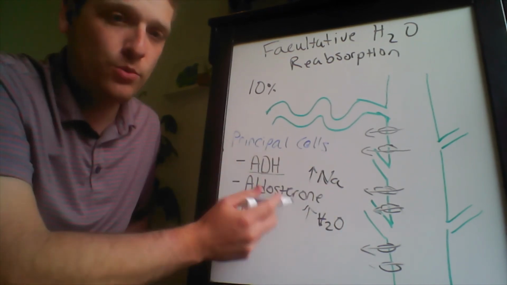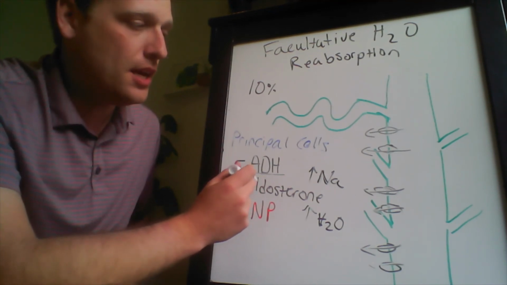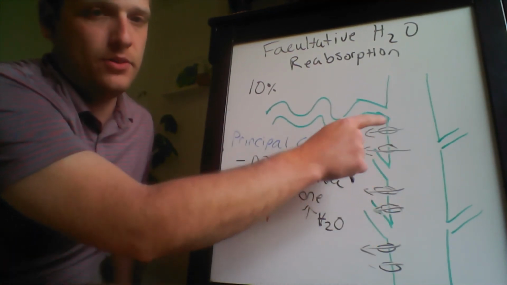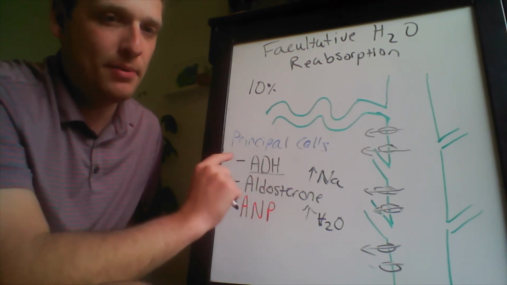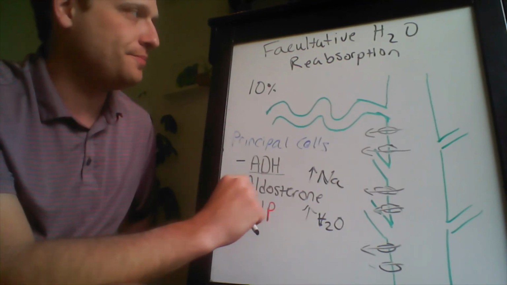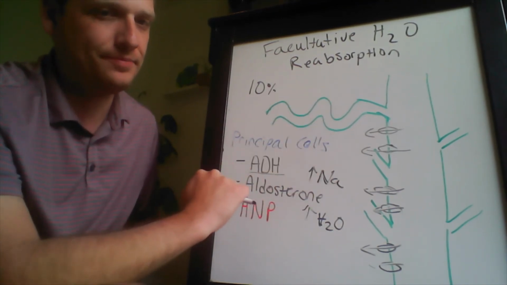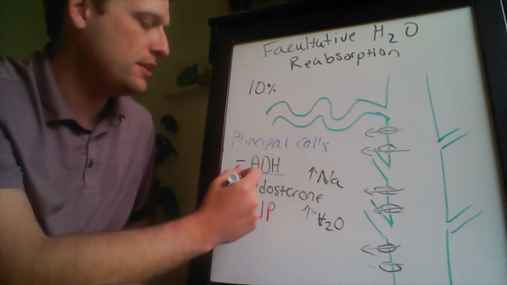But this effect will only happen if ADH is present. Otherwise, there would be none of those aquaporins. So again, ADH has to be present for there to be more water reabsorbed here in the late nephron. So these two work together. ADH adds the aquaporins.